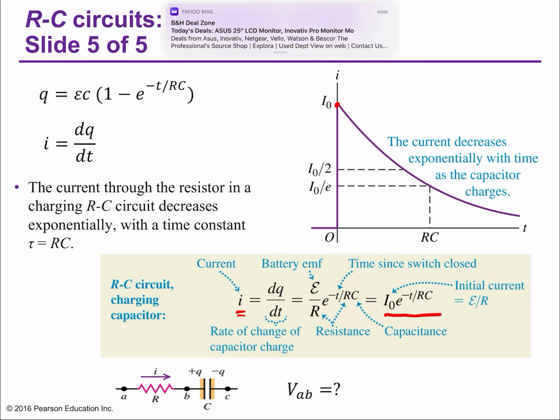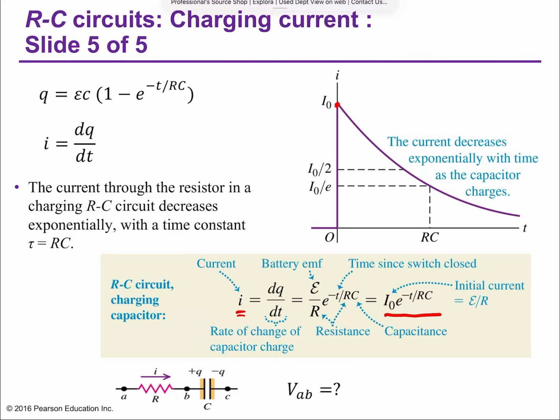All right, it would be interesting also if I just show you part of the circuit. You can see the resistor and the capacitor in series, and the current is flowing through both of them. So that current, if I multiply both sides of the equation by R, I get the potential difference or the voltage between points A and B. That's VAB, and that will just be equal to E times exponential minus t divided by RC.